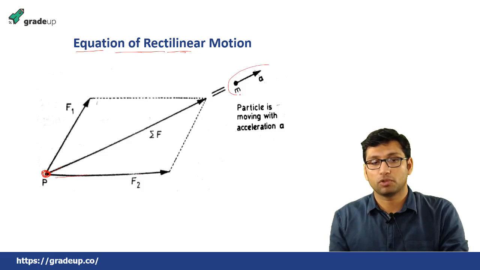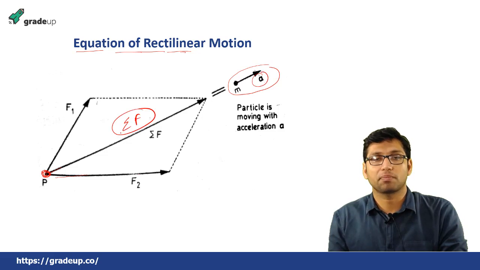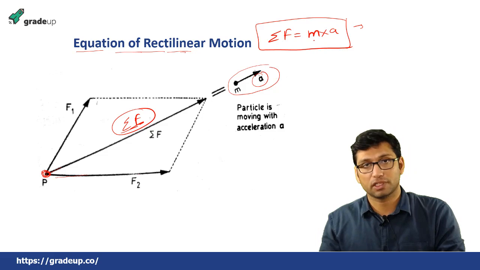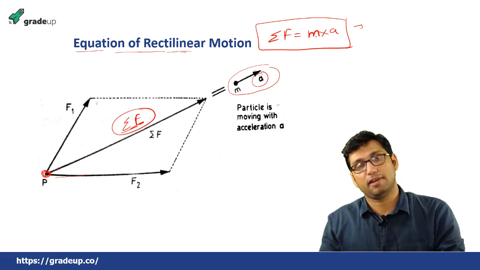Suppose this motion of the particle has some acceleration a. Then the resultant force acting on this particle will be equal to the product of the mass and the acceleration. So this is the equation of motion, or you can say the equation of rectilinear motion.